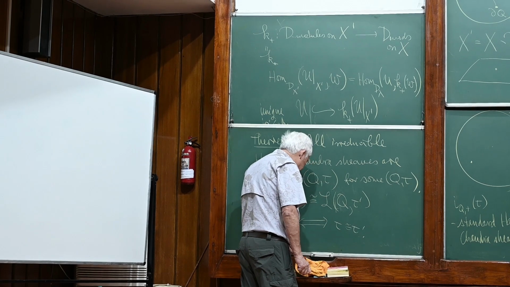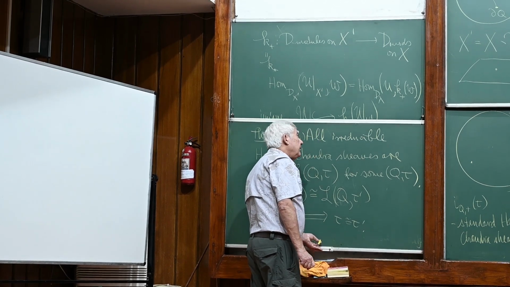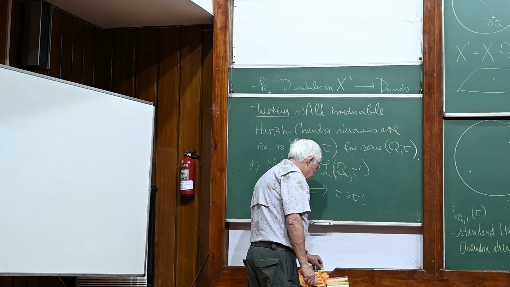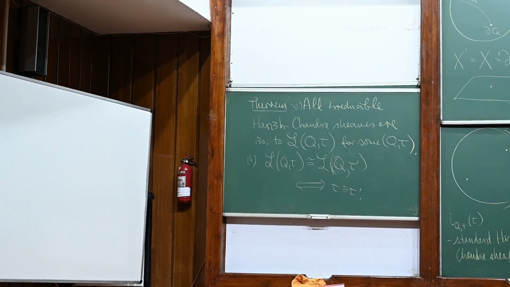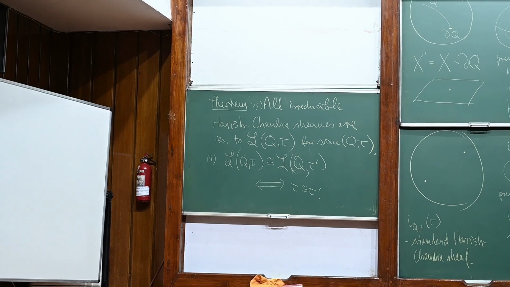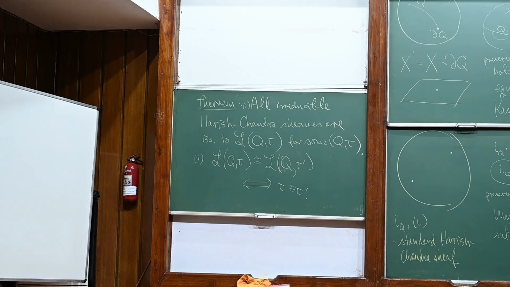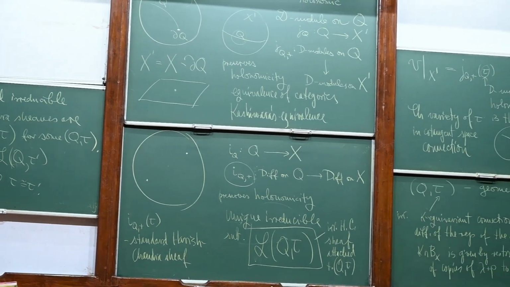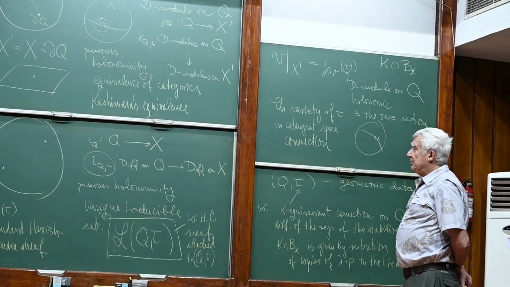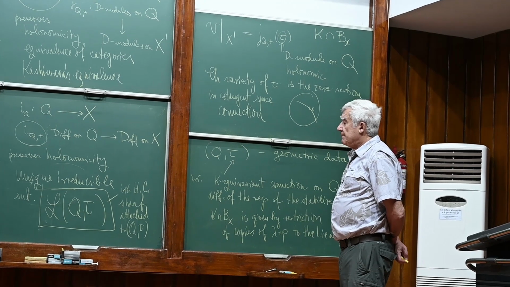So basically, geometric data parameterizes irreducible Harshchandra sheaves. And from this discussion before, this tells us that for a given lambda, there are finitely many irreducible Harshchandra sheaves.